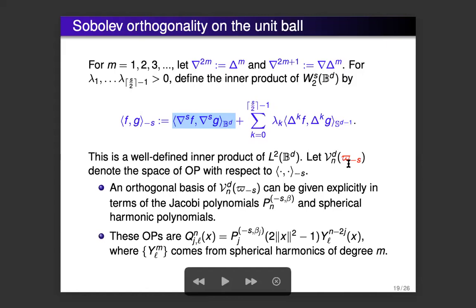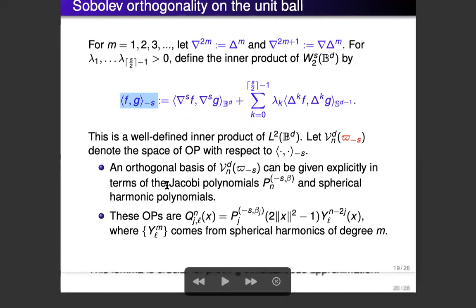Now V and D denote the space of OP with respect to this. I'm adding this red omega to negative s to emphasize this is actually orthogonal polynomial with respect to this strange Sobolev inner product.